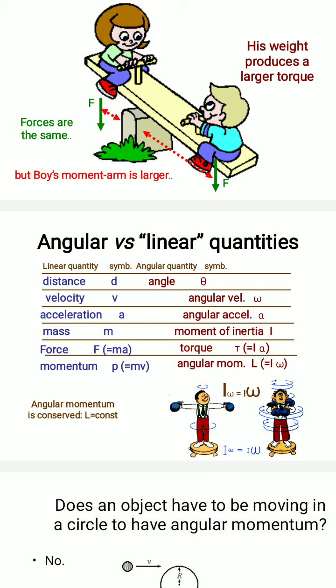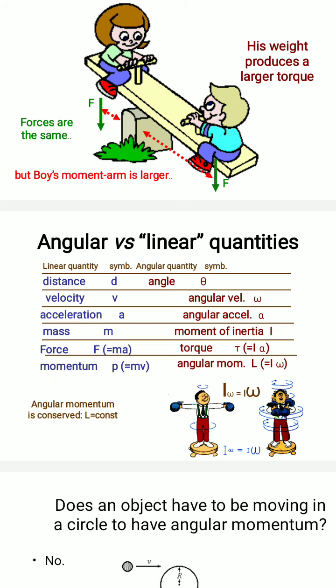We know that angular momentum is conserved, so it is denoted with L. Instead of P, we have L there, and L is always constant.